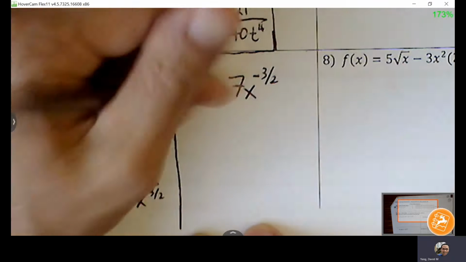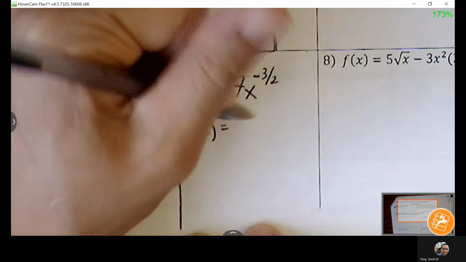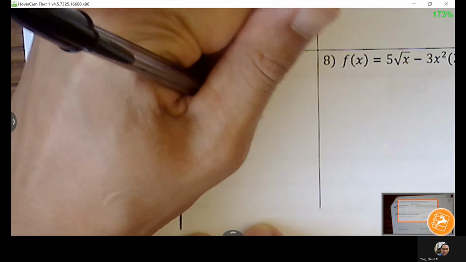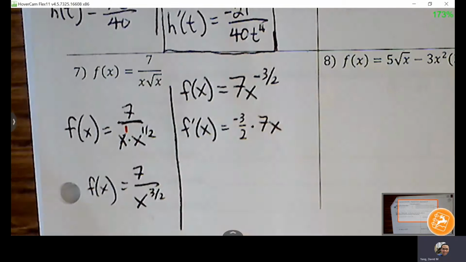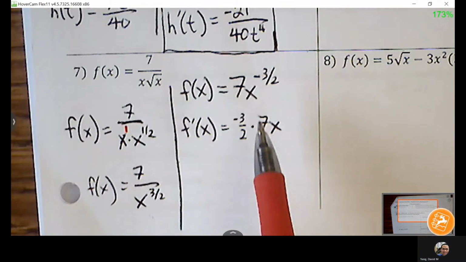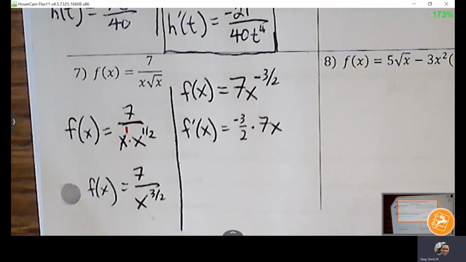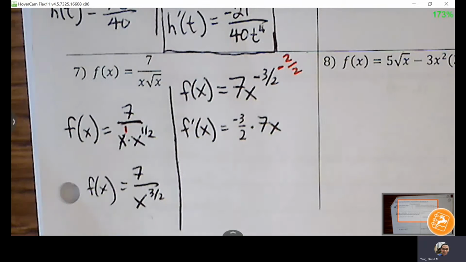Okay, so now I can do power rule, f prime. What's my new exponent going to be? -1/2, because I'm subtracting 1 from the exponent, right? I'm just going to mash that denominator, -2/2.